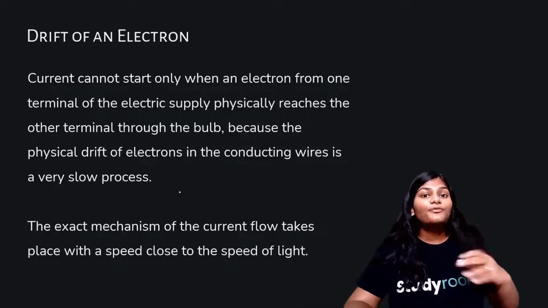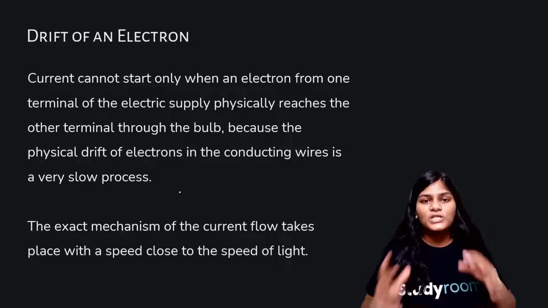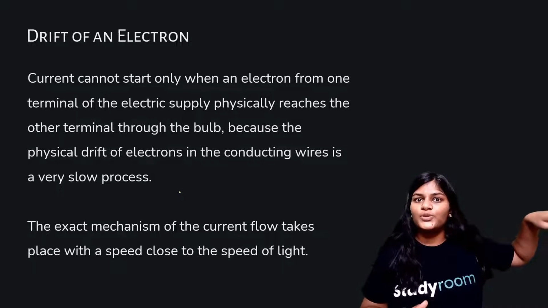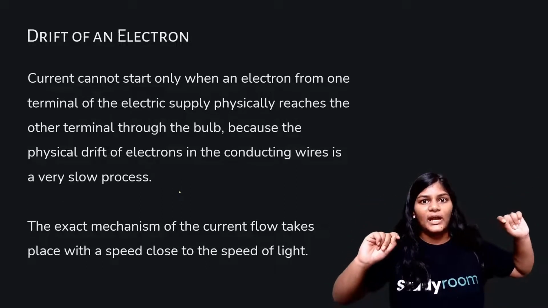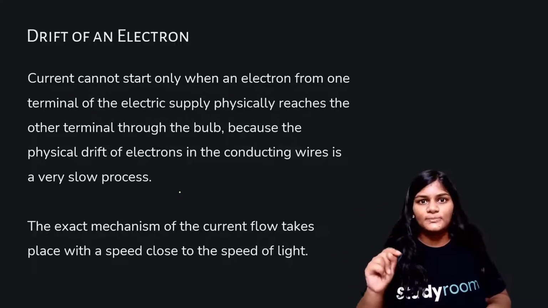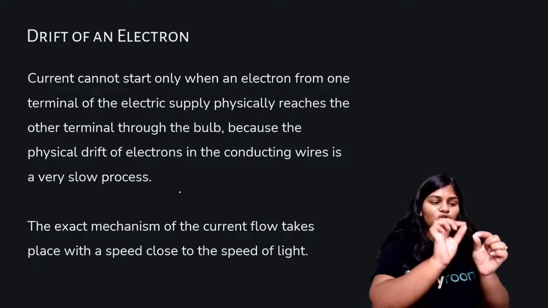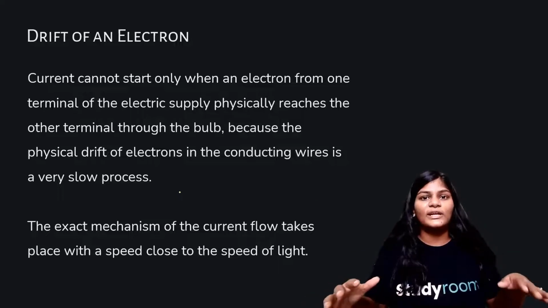So if we think about the drift of an electron, the drift is a super slow process. You must have noticed that as soon as you turn on the switch, the light lights up, right? You don't have to stand there and wait for the light to light up. It's an instant process. That doesn't happen because the electron goes slowly from one end of the circuit to the other. That's not how electricity flows.